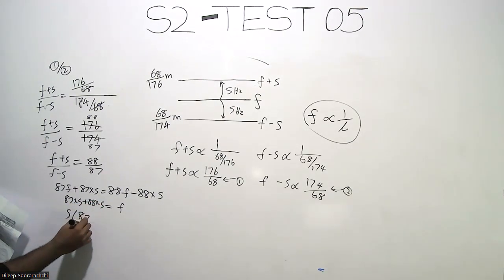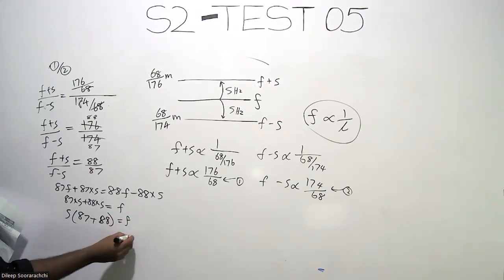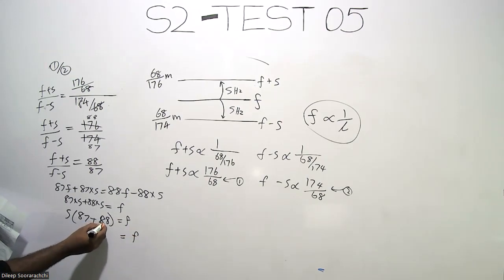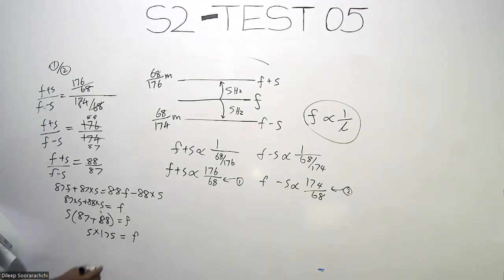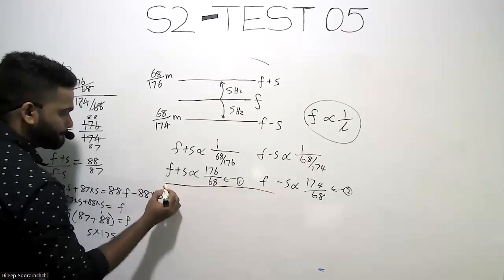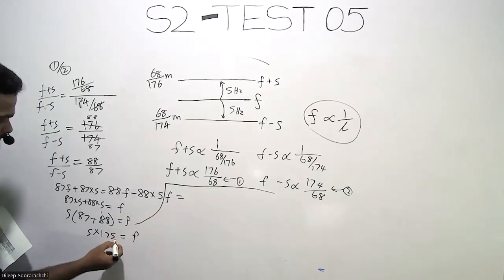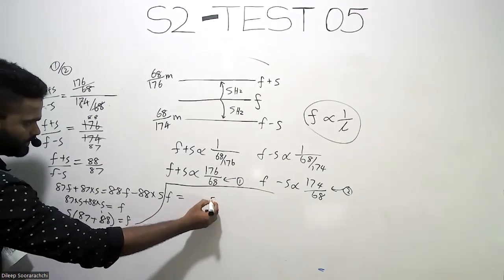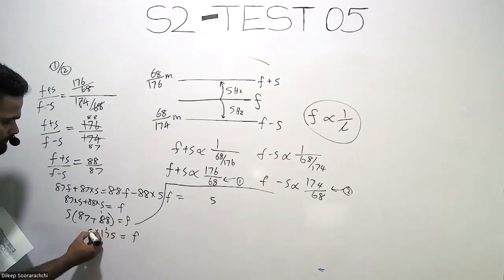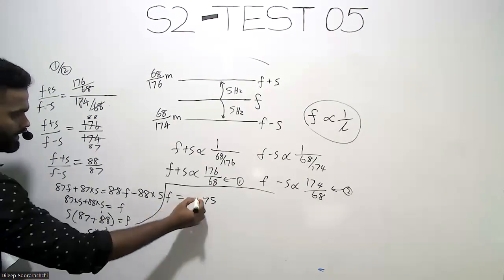This becomes 87 plus 88. The frequency is 87 plus 88, that is 175, times 5. So if you simplify that, frequency should be 5 times 5, 25, 5 times 7, 35, 875.